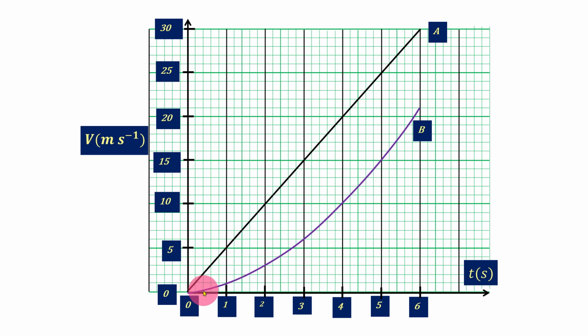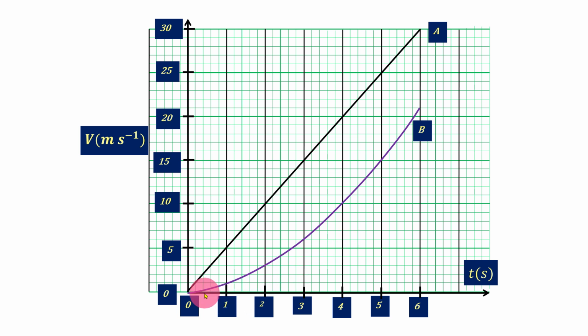But here you can see that the velocity of the object is not increasing at a uniform rate. Rather, it is increasing at an increasing rate. Check. From 0 to 1, then from 1 to 3, from 3 to 6, from 6 to 10, an increase of 4.